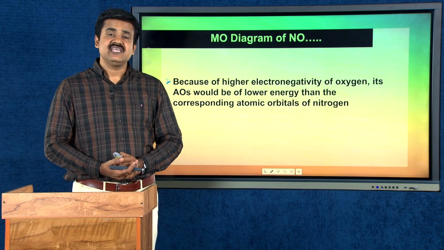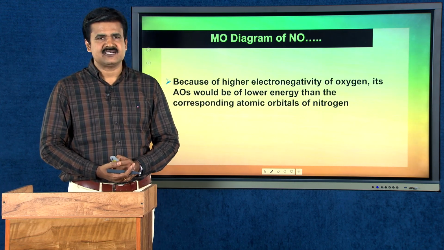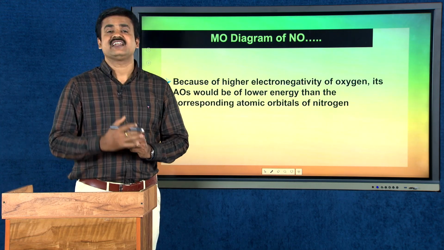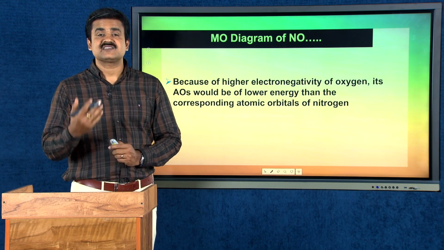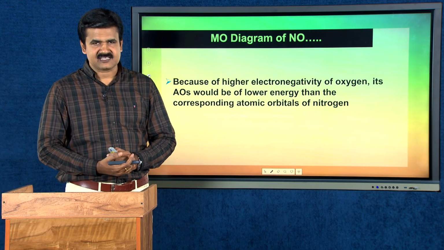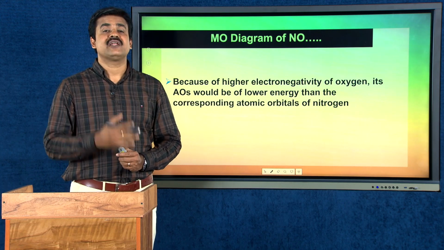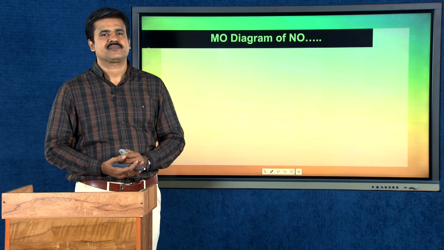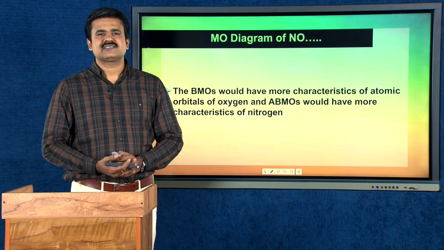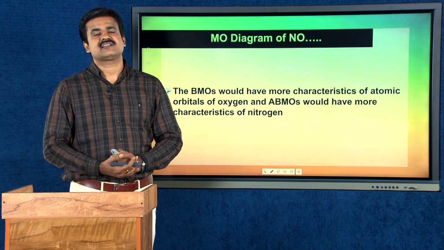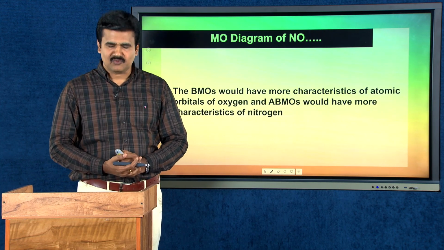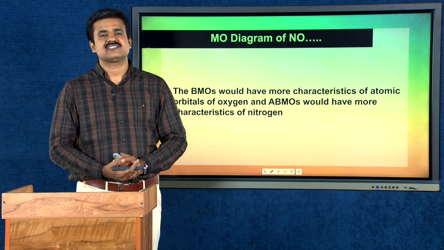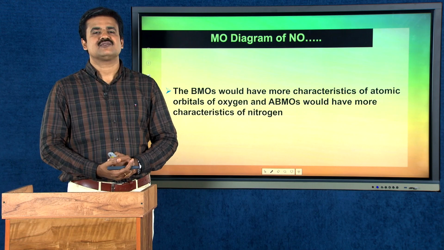Because of the high electronegativity of oxygen, the atomic orbitals of oxygen would be lower in energy than the corresponding atomic orbitals of nitrogen. That's why the MO diagram of the nitric oxide molecule will not be symmetrical. The BMOs would have more characteristics of the atomic orbitals of oxygen and the ABMOs would have more characteristics of the atomic orbitals of nitrogen.